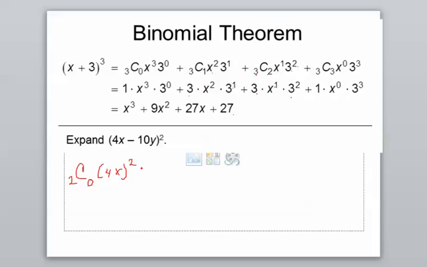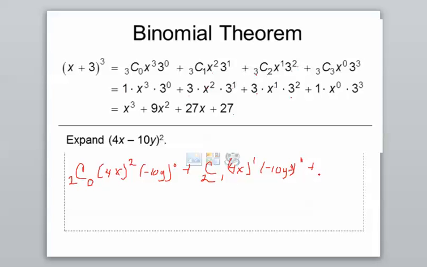And we're going to take a minus 10y to the 0th power, plus the combination 2, 1, 4x to the first power and minus 10y to the first power.